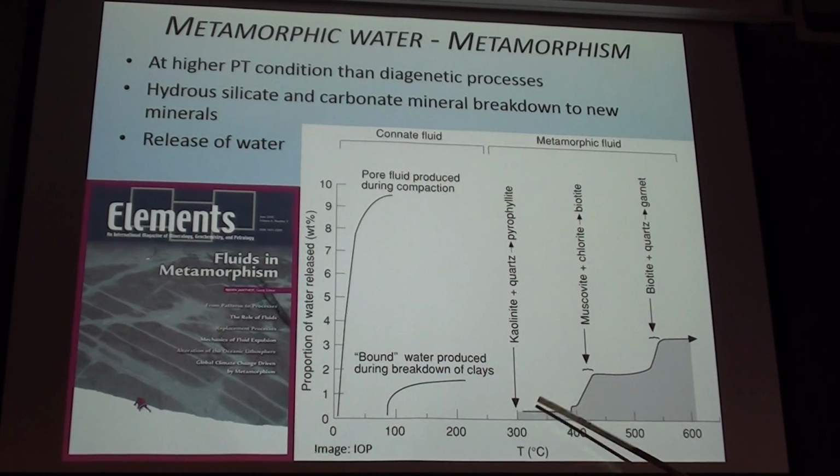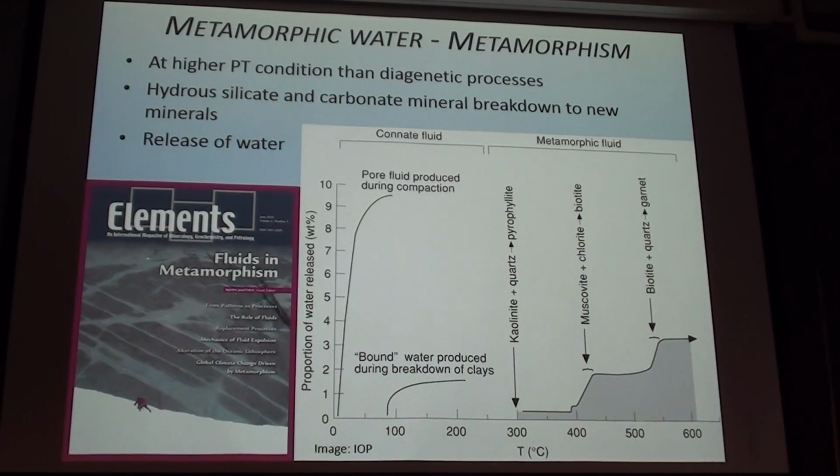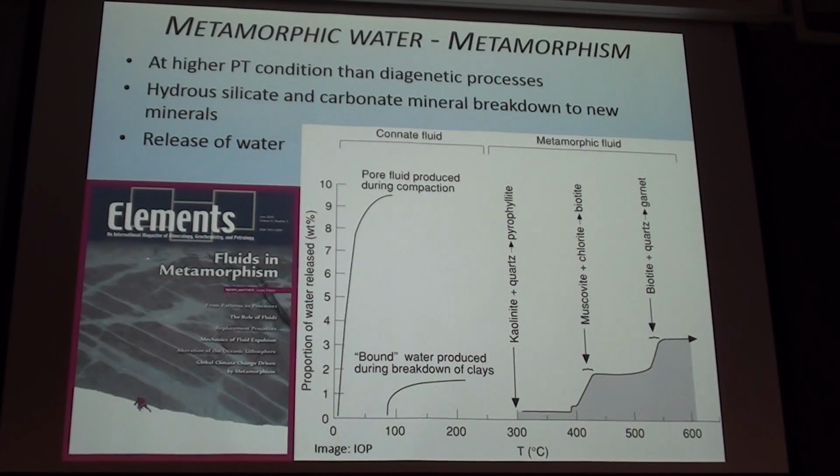But as we keep increasing the temperature by burying the sediments, we start to have other mineral reactions, with kaolinite, which is a clay mineral, reacting with quartz to form pyrophyllite, which contains less water in the crystal structure, and so we've got this dewatering event.